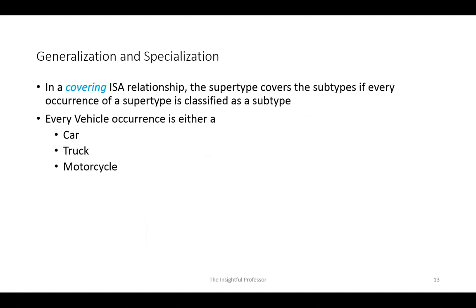In what is referred to as a covering is-a relationship, the supertype covers the subtypes if every occurrence of a supertype is classified as a subtype. So if we have only motor vehicles of car, truck, and motorcycle, then with those three subtypes and a supertype of vehicle, we're able to represent every type of vehicle.